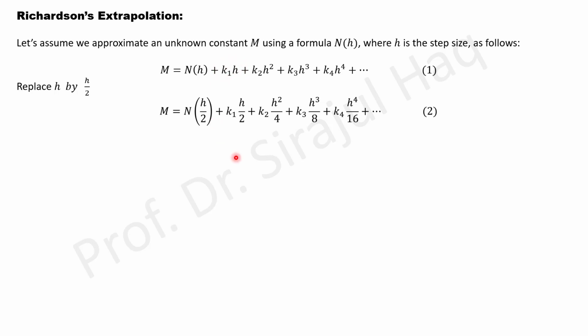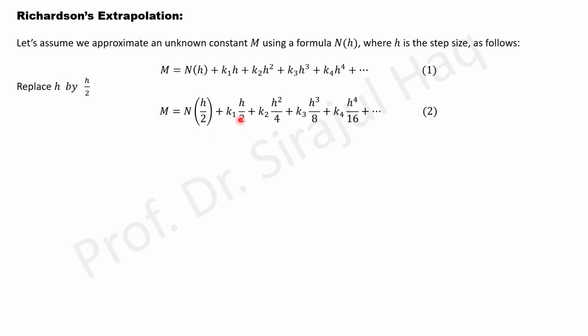Now the target is to find an approximation where the order of the error is h raised to the power 2. The error is of h square. So the target will be to eliminate this h term from these two equations, just as you know this kind of procedure from matriculation or from 8th or 7th grade.